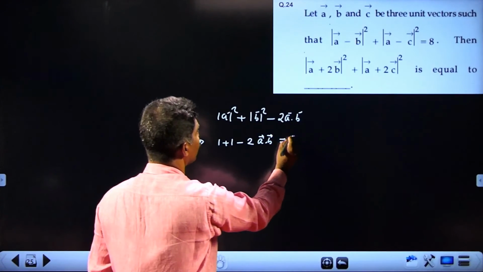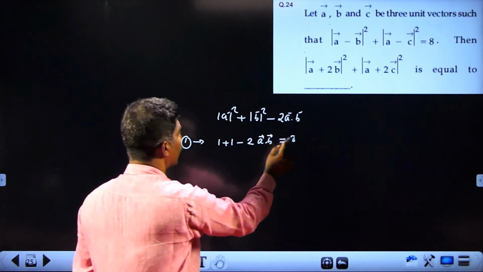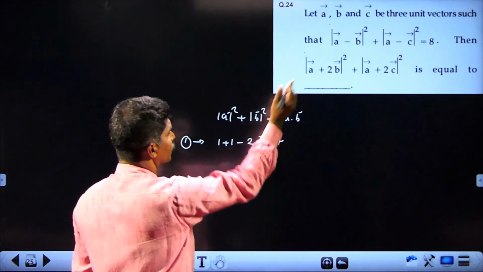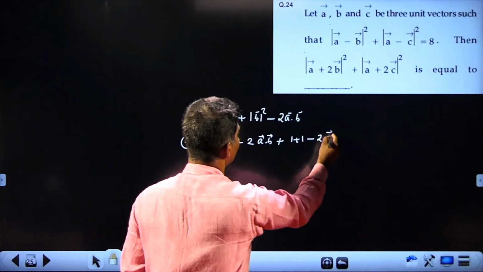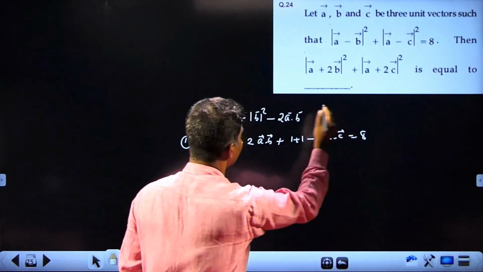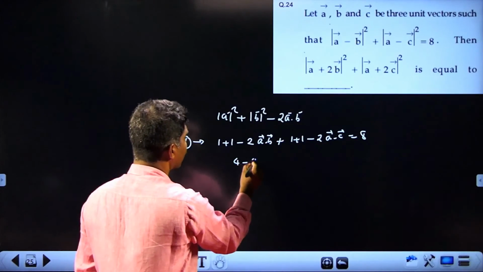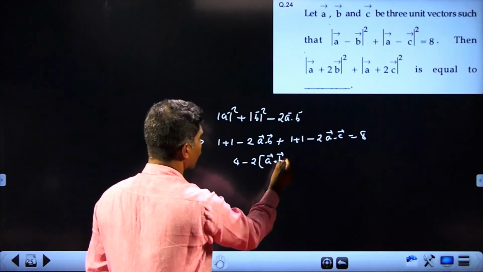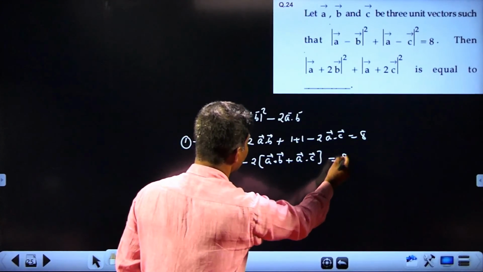That is equal to 8, sorry, that is not equal to 8. One more thing you have to add, plus 1 plus 1 minus 2 times A dot C, that is equal to 8. From here, 1 plus 1, 2, 2 plus 2, 4. 4 minus 2 times A dot B plus A dot C, that is equal to 8.